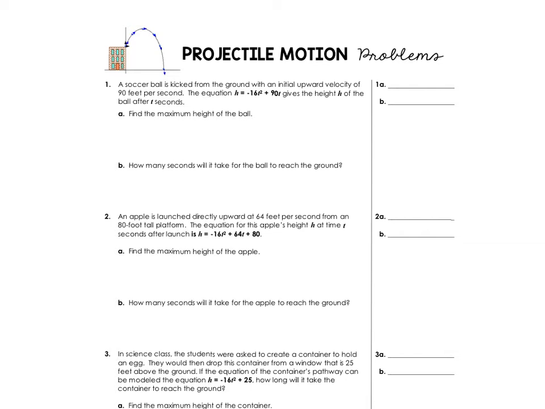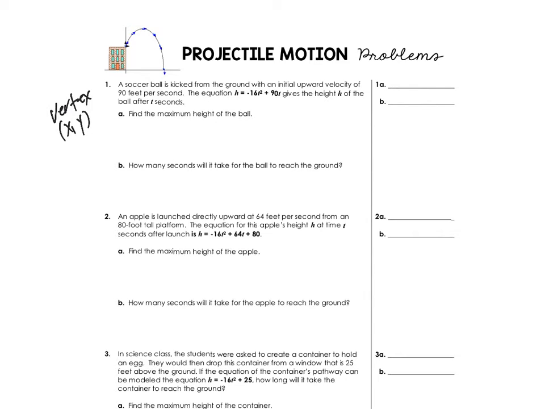So as we work through some of these examples, one of the biggest things we're going to be looking for is the vertex, okay? And this will be asked in different ways. What's the maximum height? How much time until it reaches its maximum height? So in some scenarios, you're going to be asked for the x of the vertex. Some scenarios, you're going to be asked for the y.